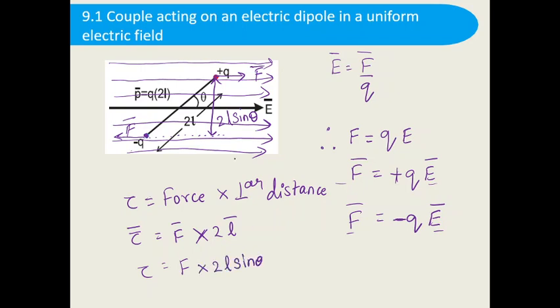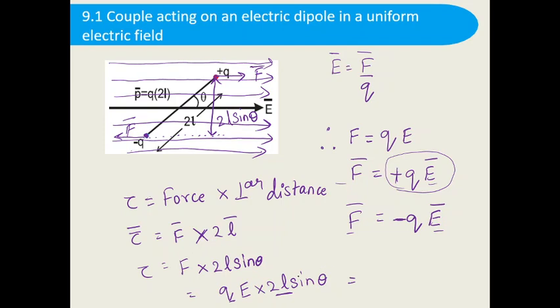Okay, so sin theta I have already written. What is the formula of F? The value of F is qE. Suppose I am writing the magnitude, I am not interested in direction. So q into E into 2L sin theta. Actually this q into 2L is equal to p, charge multiplied by the distance.